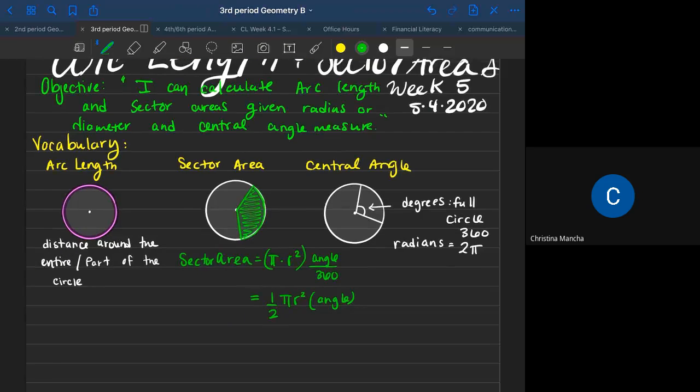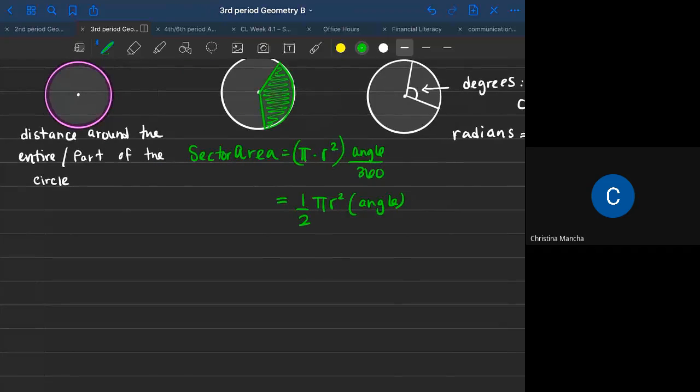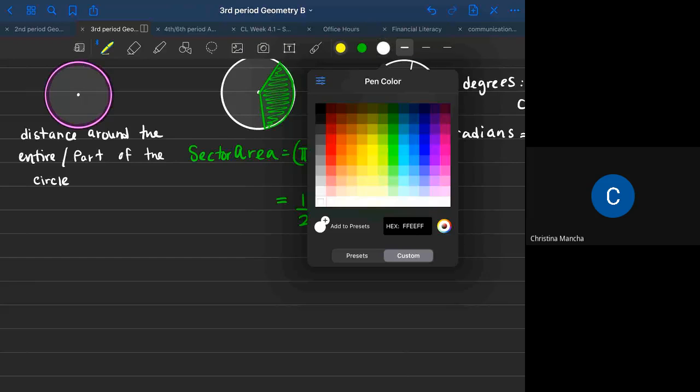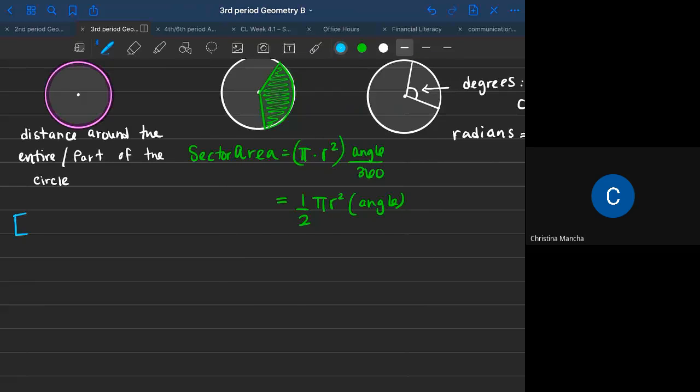So let's go ahead and look at an example. Let's assume that we have a circle.